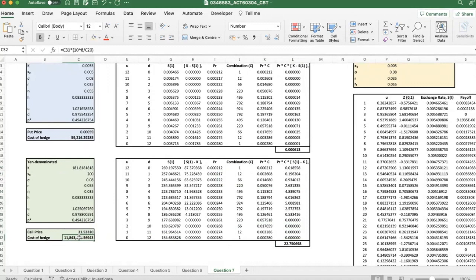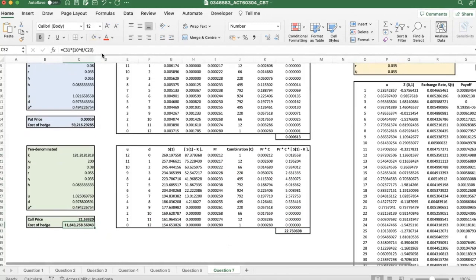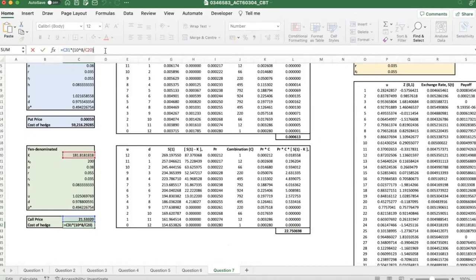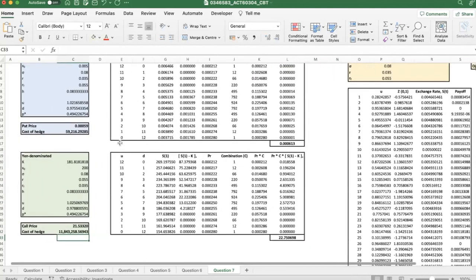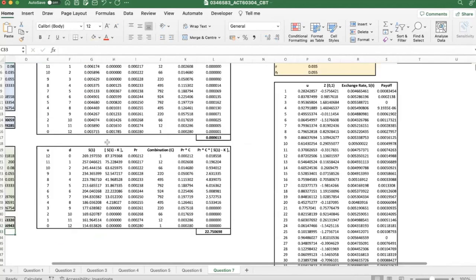However, for the cost of hedge here, we will have to multiply it by 100,000 yen. However, we will have to divide it by our newly defined strike price here, 181.82 yen. So that's how we get the cost of hedging in terms of dollar denominated or yen denominated.